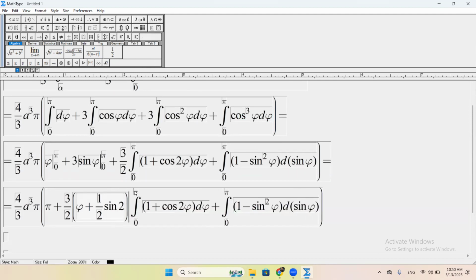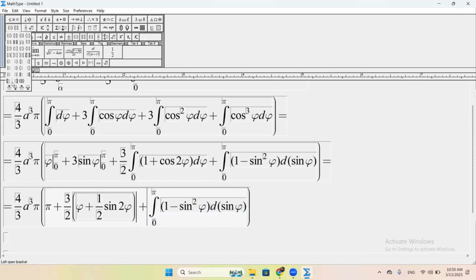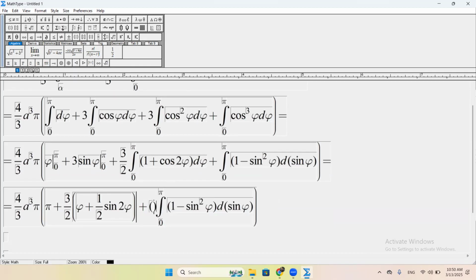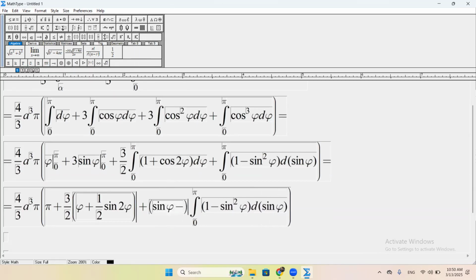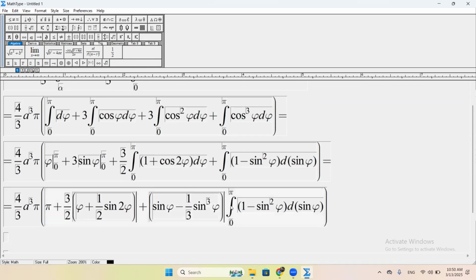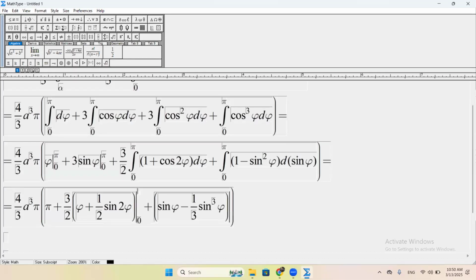That also will be eliminated successfully. And here, sine of phi minus 1 over 3 sine cubed of phi. And I forgot substitutions everywhere, so from 0 to p, and here as well from 0 to p.